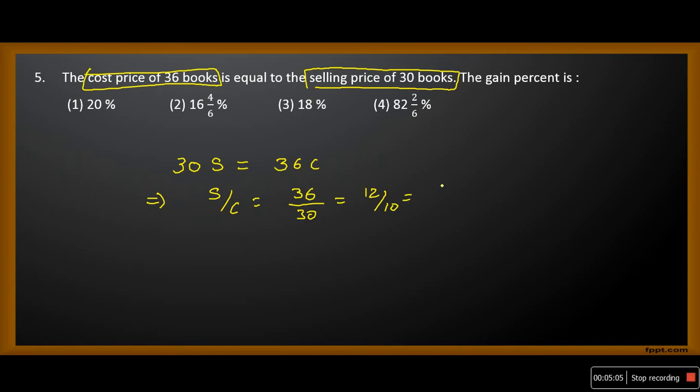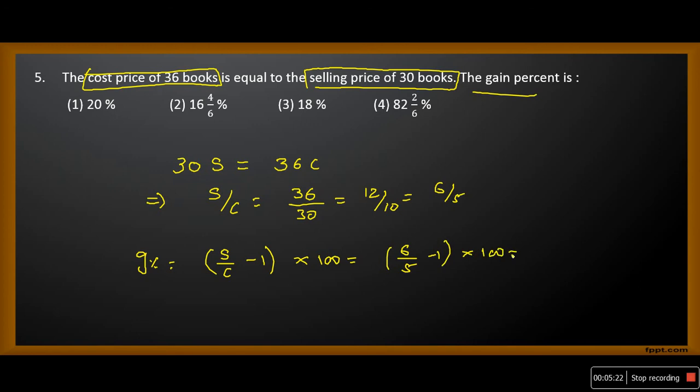On simplification, you get 6 by 5. What is the question we have to find? Gain percent. What is the gain percent formula? (S by C minus 1) into 100, which equals (6 by 5 minus 1) into 100, that equals 1 by 5 into 100, which equals 20%. So the answer is 20%, which is in option 1.